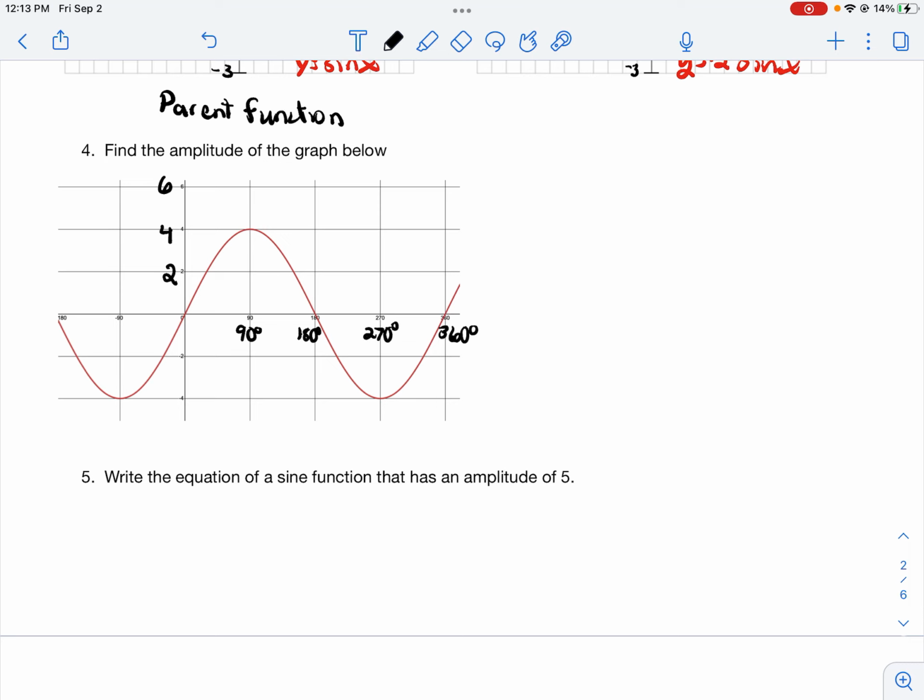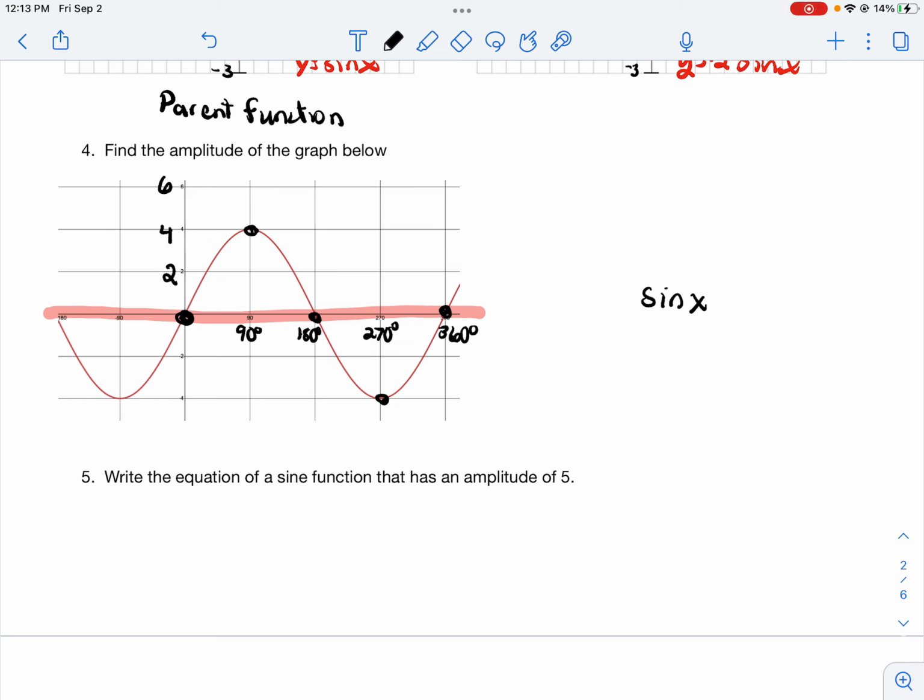First, I'm going to figure out which trig function this would be. Since we only know one transformation, we only have one choice. I find my midline, and I notice that I start on the midline, above, on, below, on. That sounds like the sine function, so this is going to be the sine function.